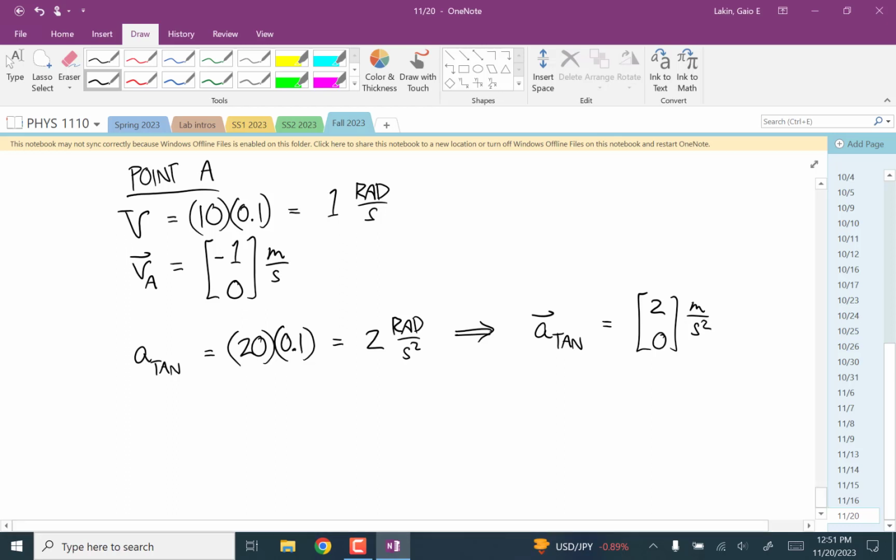What about the centripetal acceleration? Well, we can calculate that the same way we did before. That's just v squared over r. And we already calculated that v was 1.